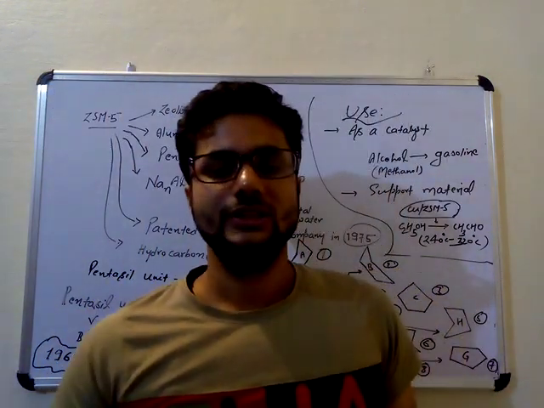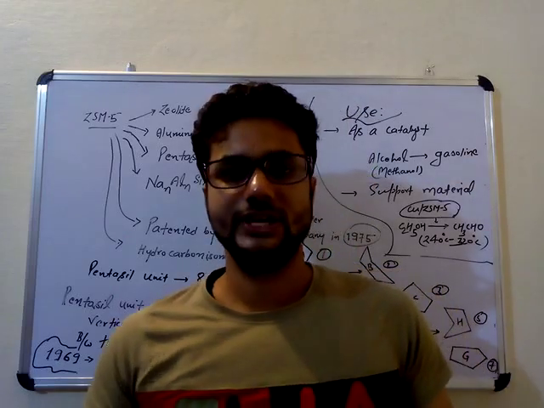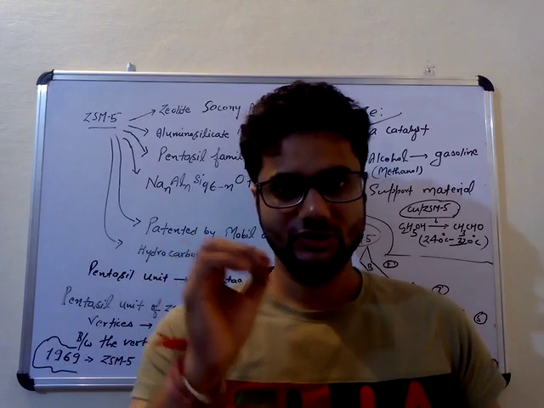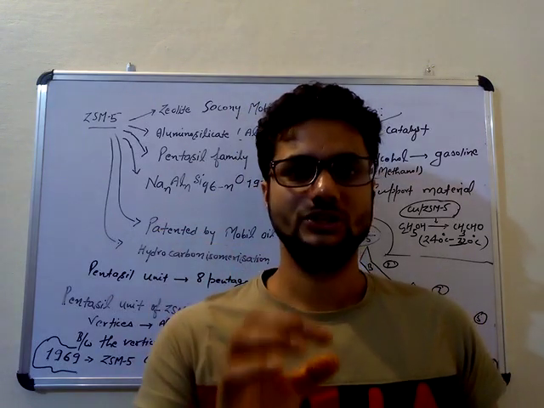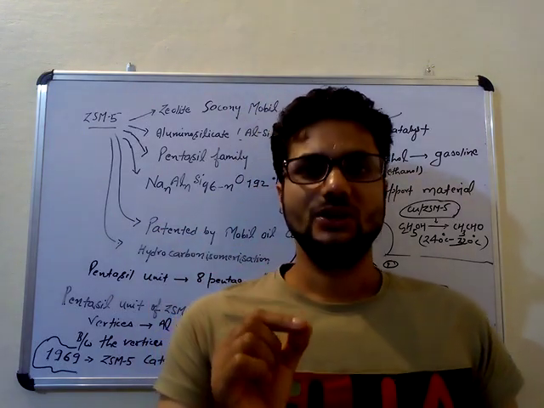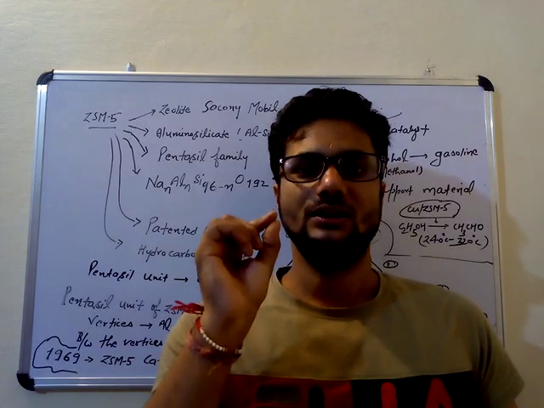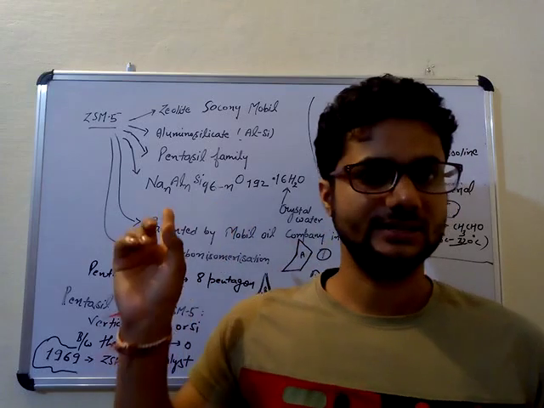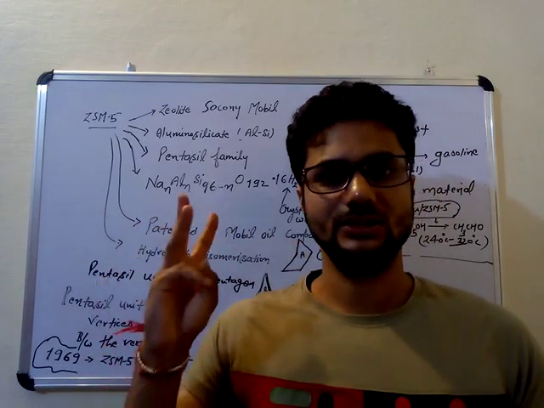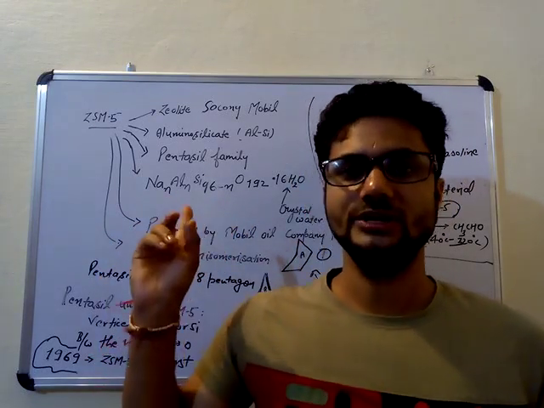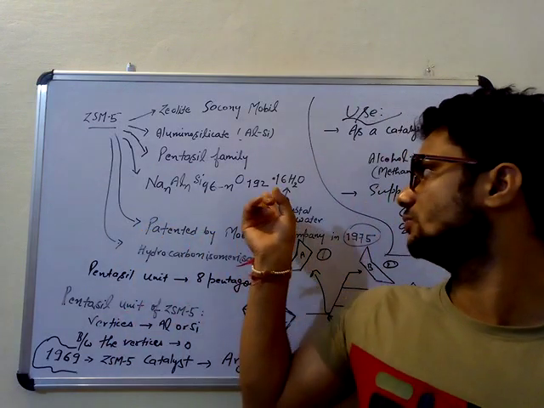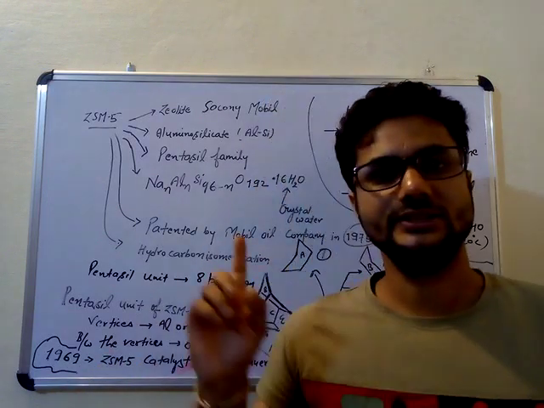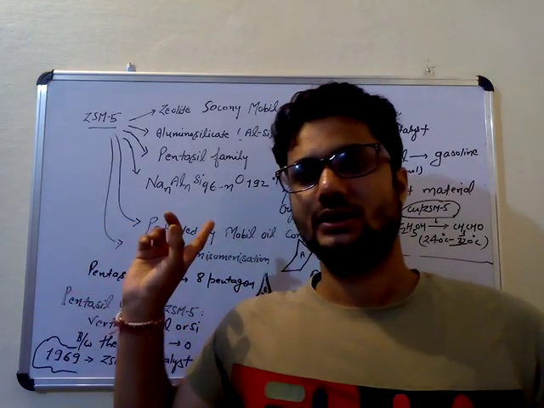So in this lecture I told you about ZSM-5. The 5 means pentasil unit and ZSM means Zeolite Socony Mobil. Zeolite has the formula NanAlnSi96-nO192·16H2O.